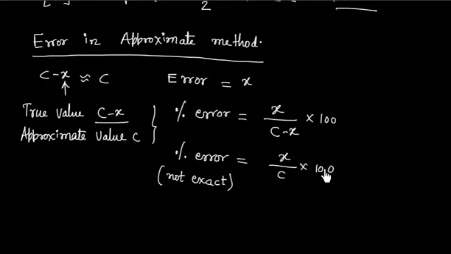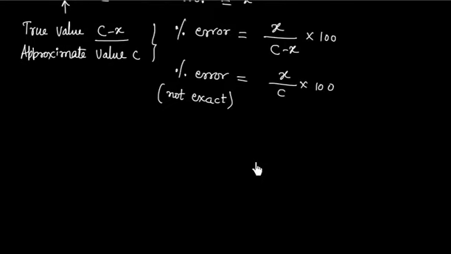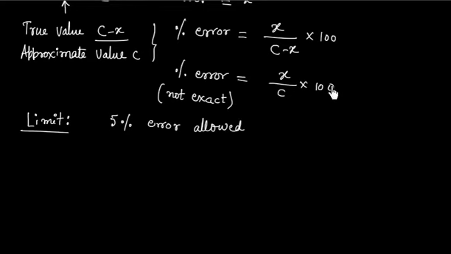Let us say my method says 5% error is allowed. So what is the limit we have? The limit in this kind of calculation, for weak acid calculation, let us say 5% error is allowed. So we can write this error, that is x by c into 100, should be less than 5%. Are you getting or not? And what is x?